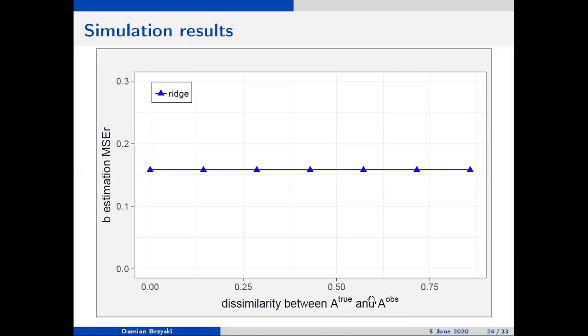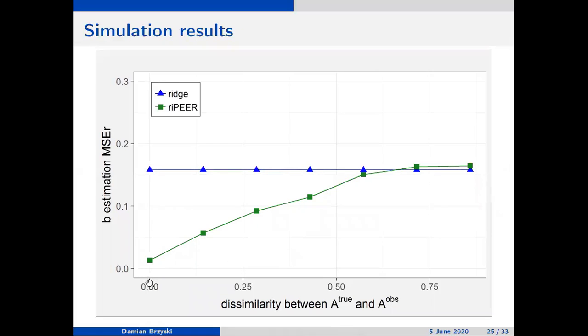So you assume that since you don't have perfect knowledge, some of the connections are false, and you just have a part of the true information in your A observed, which is a little bit different from A true. How different is it? At the beginning of the axis, close to 0, those two matrices are exactly the same, and here we were changing some connections in the way I will present in the next slide.